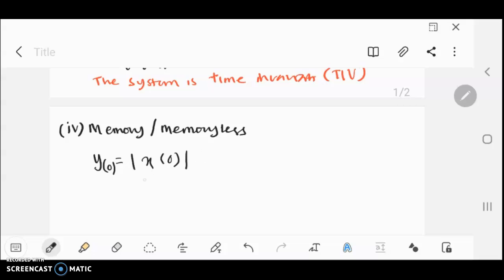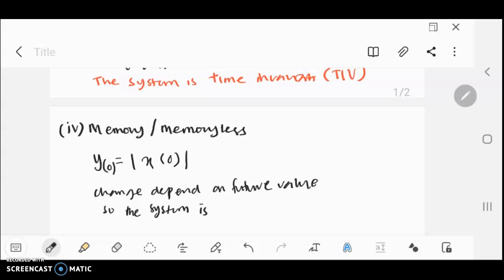So as we can see, the change depends on the future value. So the system is memoryless.